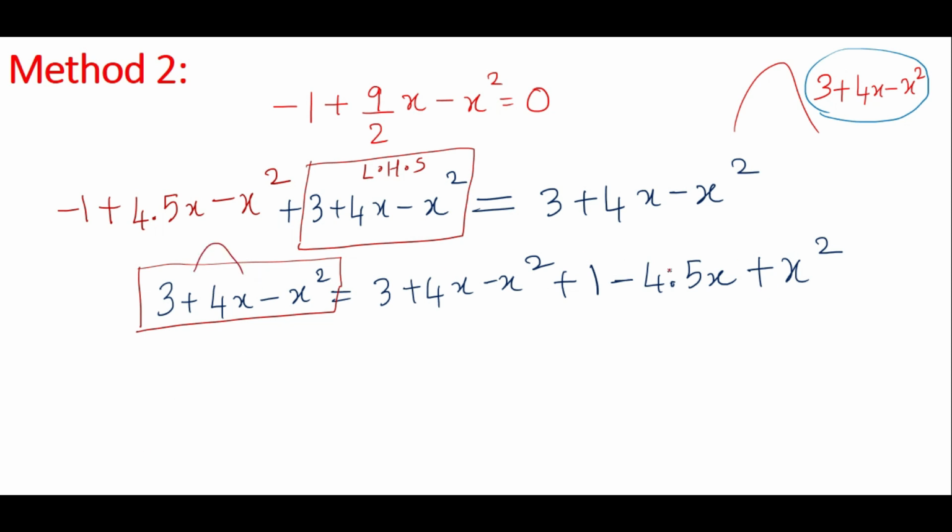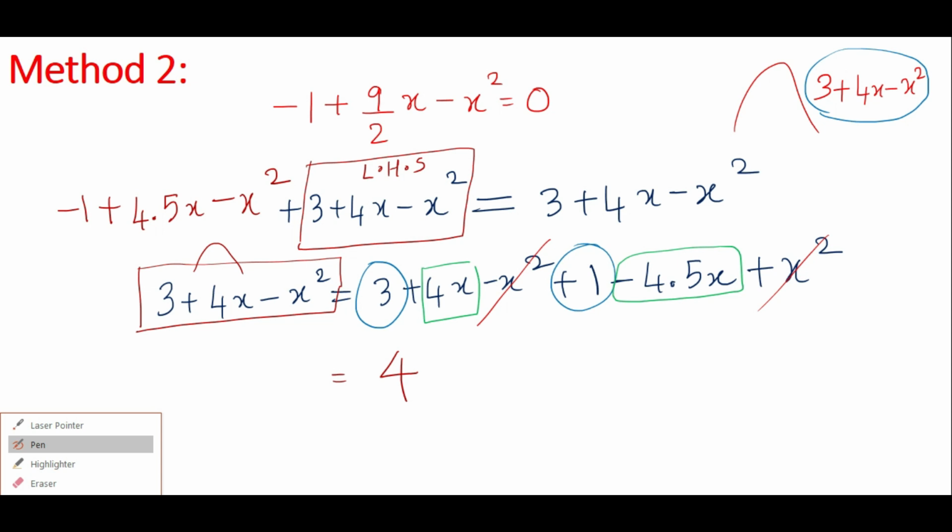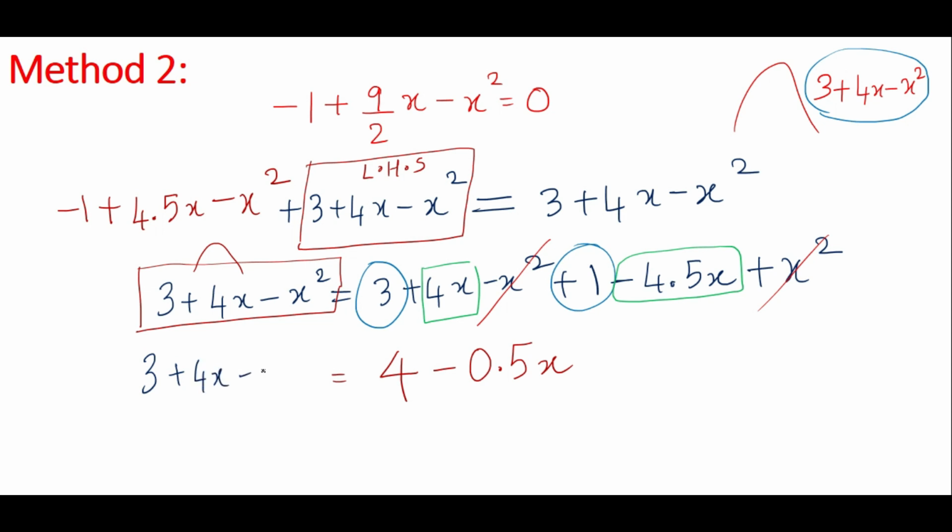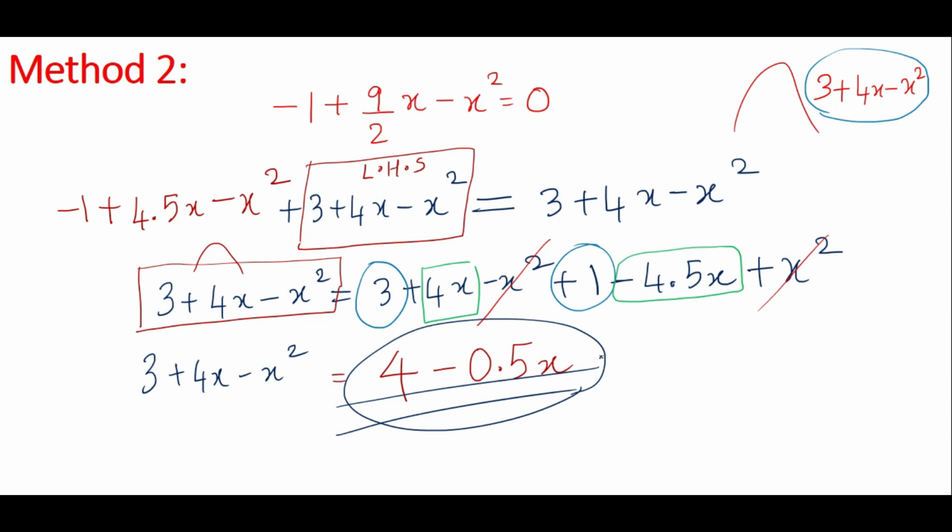And you simplify only this part. You have a minus x squared and a plus x squared. You have 3 and plus 1, giving you a 4. You have 4x plus 4x and minus 4.5x, giving you a negative 0.5x. So this is 3 plus 4x minus x squared, and this is the straight line that you have to draw.